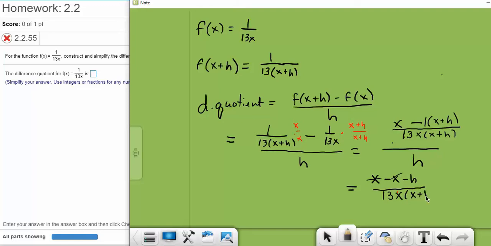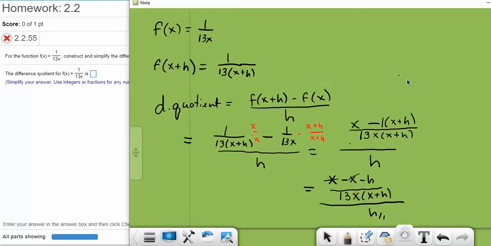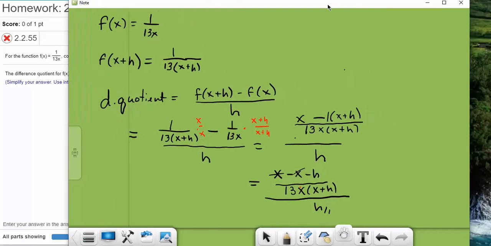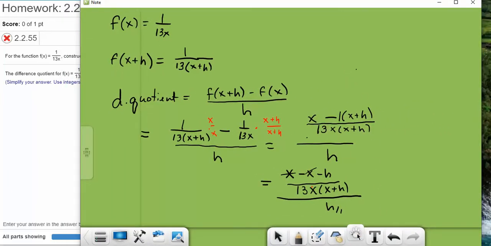(x plus h) all over h, and think of this as h over 1. And then the way that we multiply or divide fractions is we multiply by the reciprocal. So I got negative h over 13x (x plus h) times the reciprocal of h over 1, which is 1 over h.